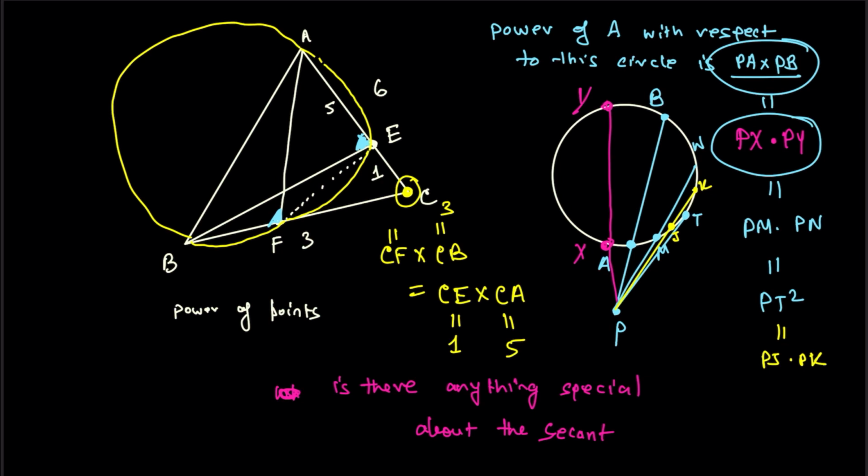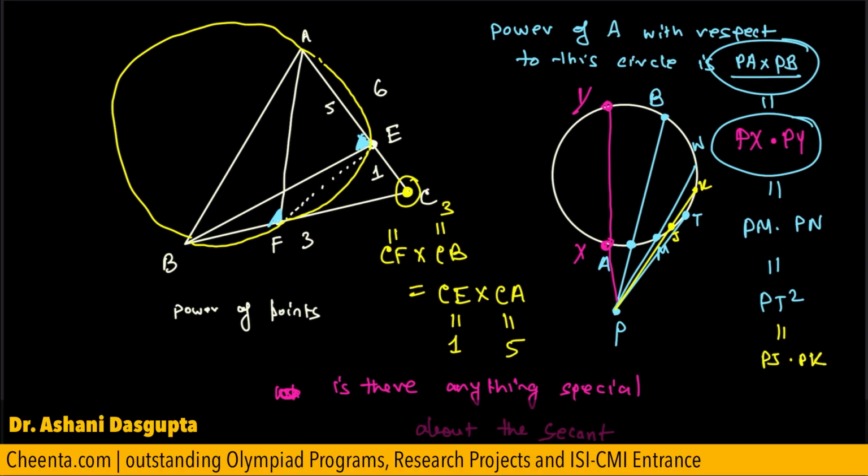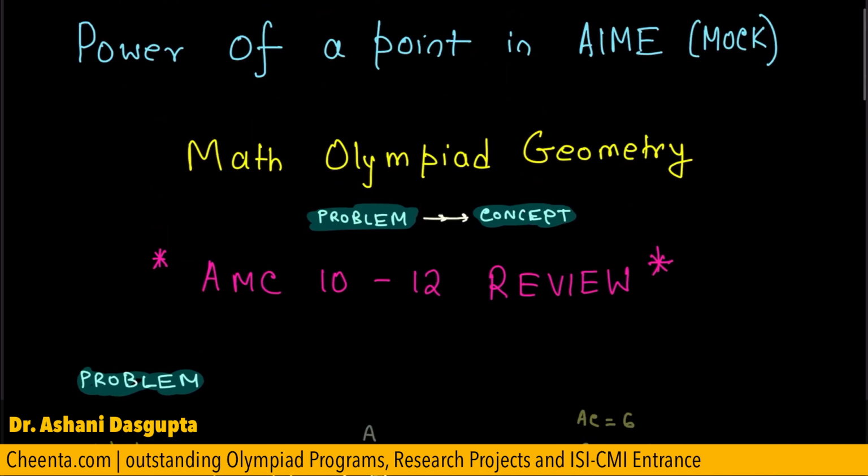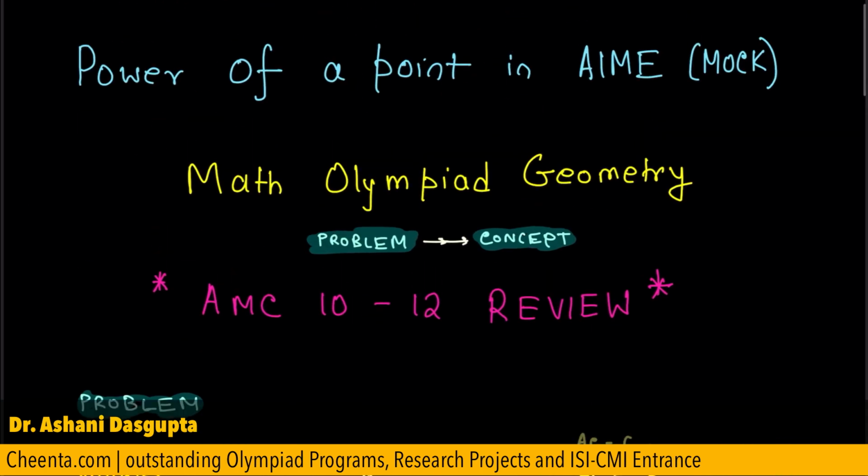I would urge you to find out CF from this exercise. It's very simple, and put that in the comment section if you can find it out. This is a little challenge exercise.